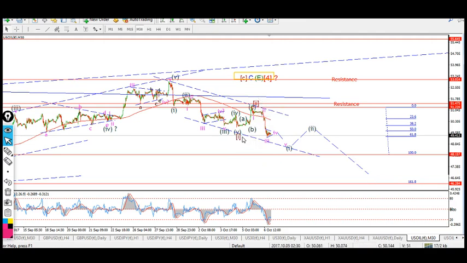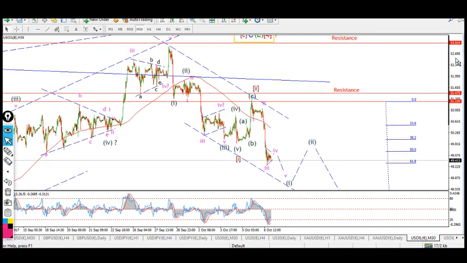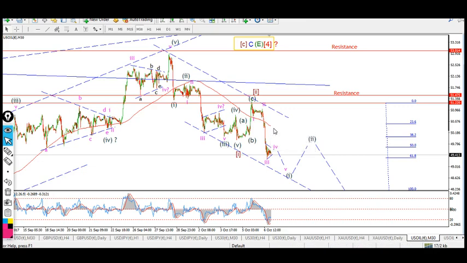If wave 3 brown reaches the Fibonacci extension of 161.8, which is kind of an average for the ratio between wave 1 and wave 3, then we're looking at the low 46s for a target for wave 3. And if you want to draw that off the high, that'll be wave 1, 2, and 3 to the downside. So from here on, we could be looking at a bad time ahead for the oil companies. So we'll see how this one develops next week.